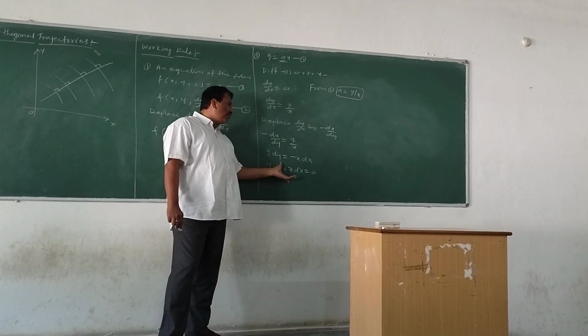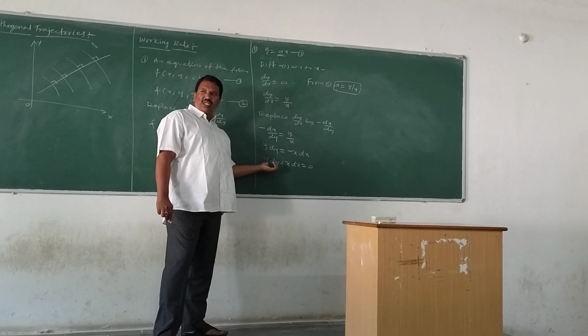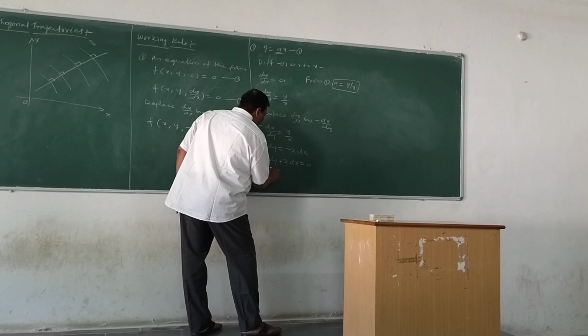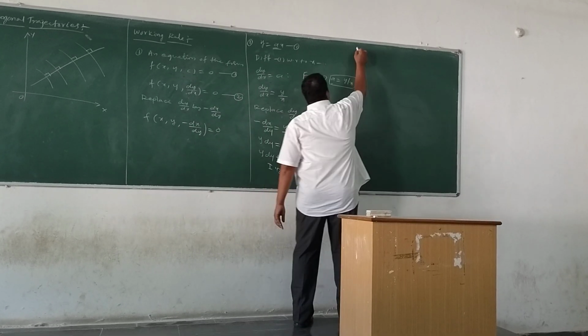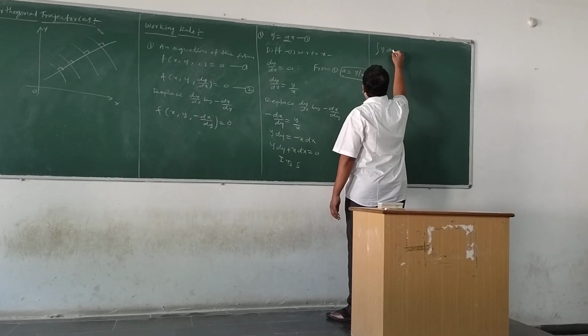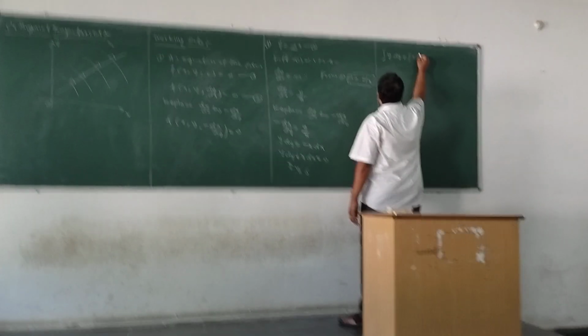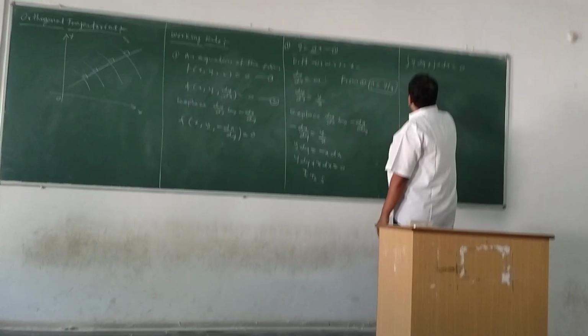This is in the form of variable separable: x terms are separate, y terms are separate. Now integrating on both sides, integral of y dy plus integral of x dx equals 0.